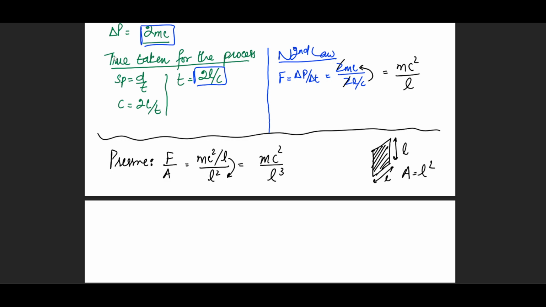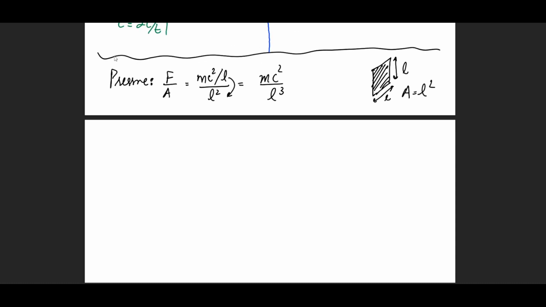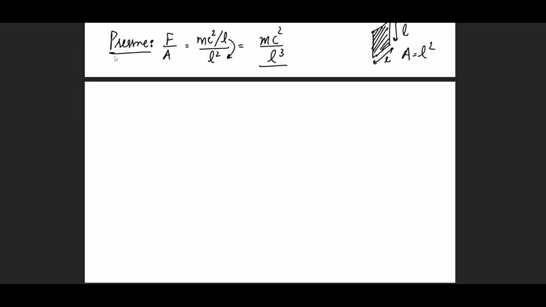Okay. Now we go to the next step, where we understand that this is the pressure due to just one molecule, right? This is the pressure of one molecule. What if we had to consider all the molecules? So let's involve a new variable, n, that represents the number of atoms inside the container.